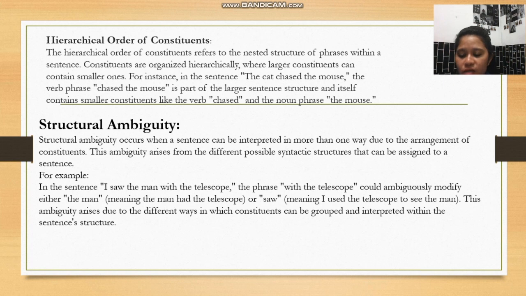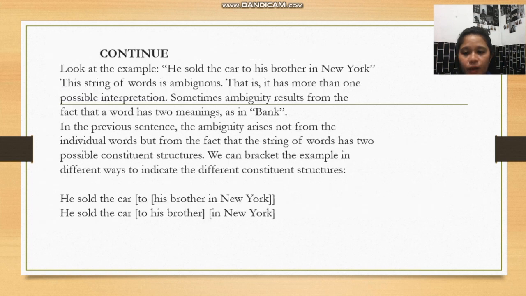For example, in the sentence "I saw the man with the telescope", the phrase "with the telescope" can modify either the man, meaning the man had the telescope, or saw, meaning I used the telescope to see the man. These ambiguities are due to the different ways in which constituents can be grouped and interpreted within the sentence structure.